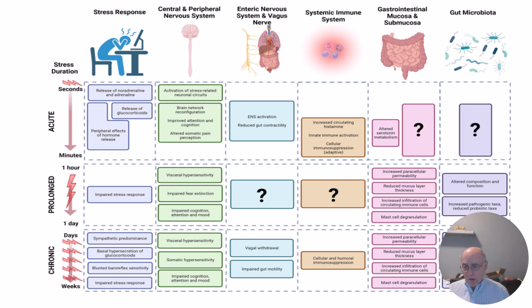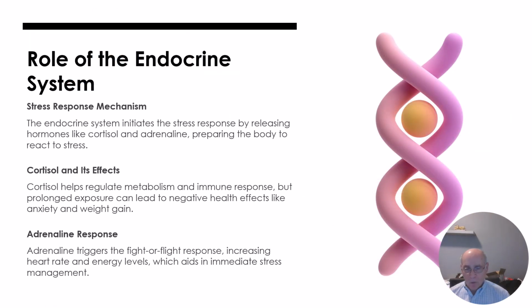We know that there's a lot of different families of bacteria in the gut, but the problem is over time, that diversity changes, so it kind of switches into a situation where you have more pathogenic bacteria in your gut than good bacteria, and that creates dysbiosis, which then can lead to even more permeability. So we know that within the stress response, the endocrine system is involved.